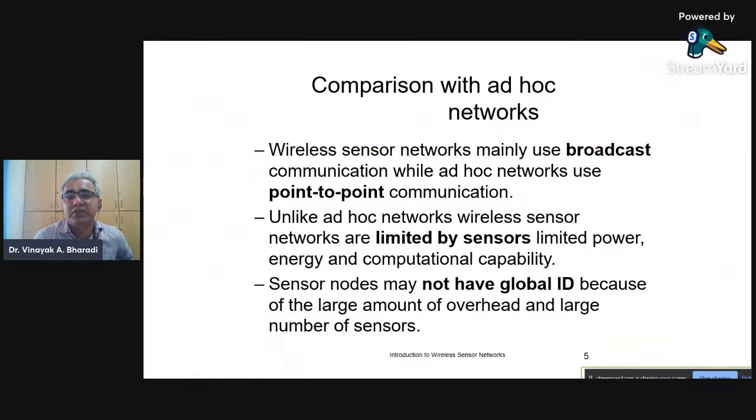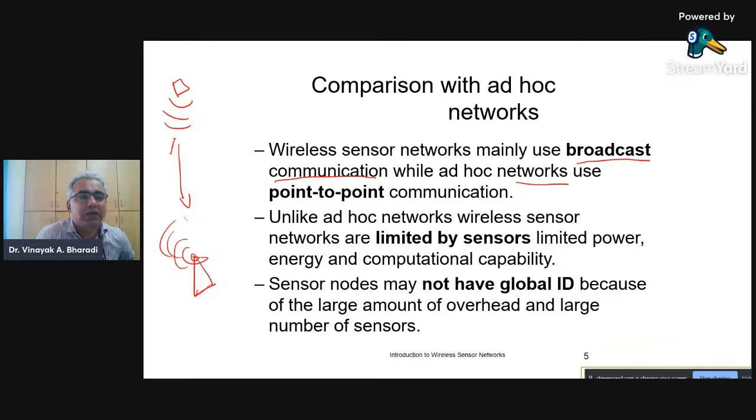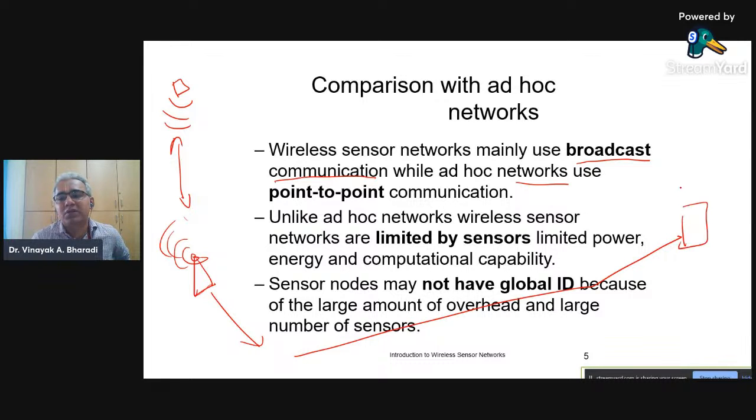That is the meaning of this very important point. WSNs use broadcast communication, and ad hoc networks use point to point, like your mobile phone. Your mobile phone is connected to your base station, and through the base station and the MTS there is the other mobile phone, and you think these two phones are communicating directly, but this is not the normal way.